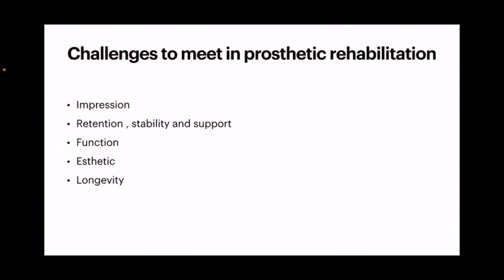Now, the challenges a prosthodontist meets in the prosthetic rehabilitation. First and foremost is impression making. The challenge in recording an impression in a maxillofacial defect is recording a static imprint of the tissue bed without taking into account tissue movement during function. Another challenge is to gain retention, stability, and support. Retention can be taken in anatomical and mechanical ways.